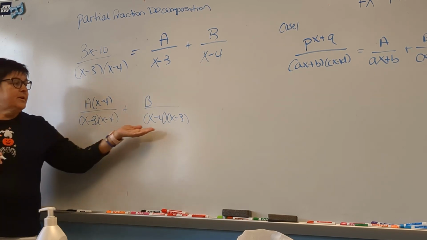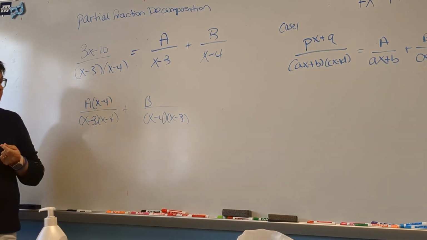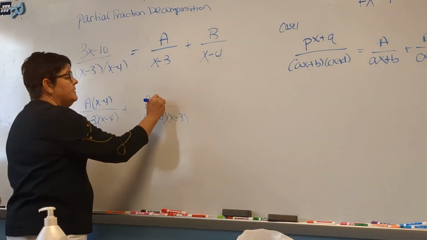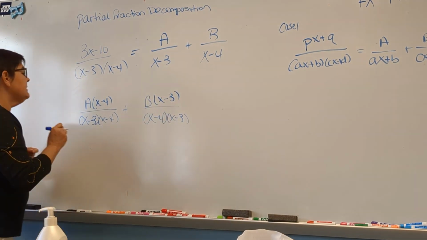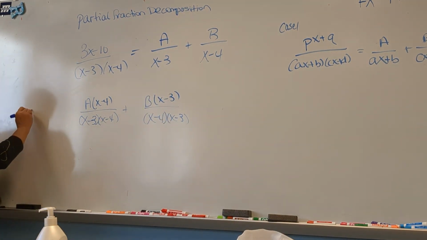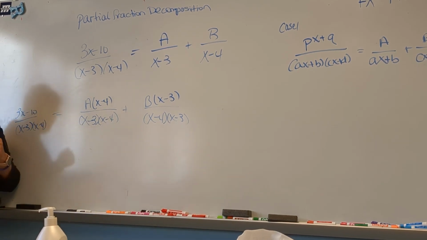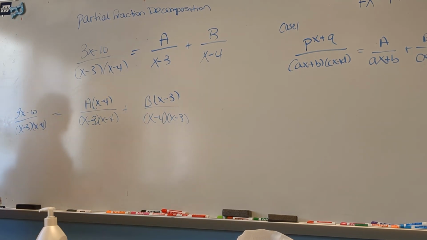Okay. Over here, what would I have to multiply by? Okay. So literally, if I think about it, I have 3x minus 10 equals x minus 3 times x minus 4, and equals that stuff. All right? So what do we know about fractions when they all have the same denominator, if they're equal to each other?